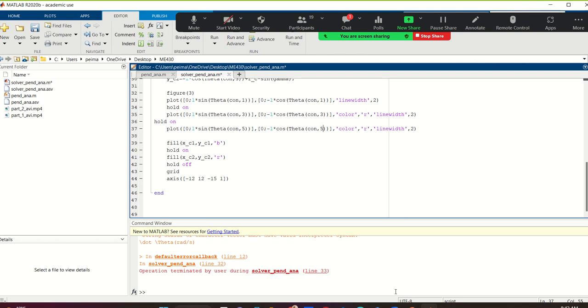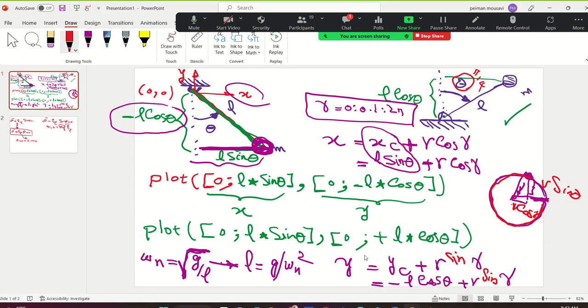Okay, but we have a difference here. For this, its x is the same, but its y is going to be different. See, I'm writing here, guys. X of this is the same as this. XC is going to be L sine theta, R cosine gamma.